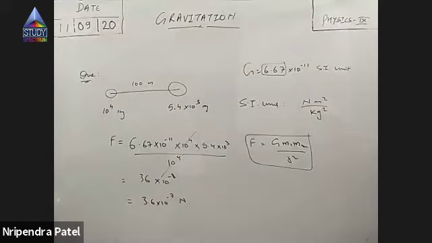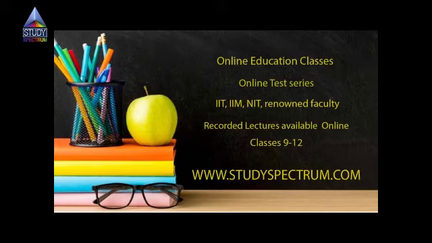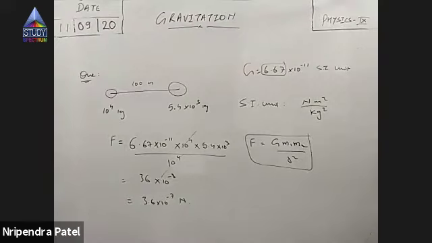Got it? Is this clear? Okay. I did 36,000, but I forgot to multiply by 10 raised to minus 11.